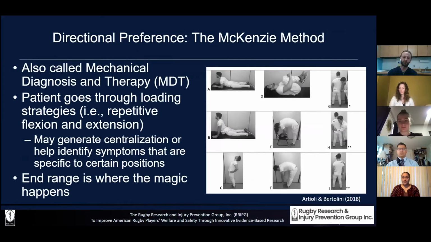Okay, after I take my baselines, right? Now I have my baselines. Now, based on the subjective exam and what I've seen on those baselines, meaning what the range of motion is like, I have to make a decision, right? We've got to pick a direction.